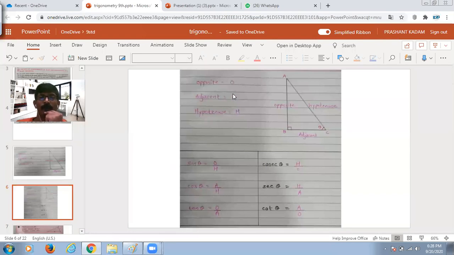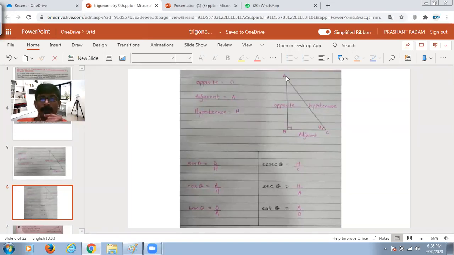Now, see, the abbreviation for opposite is O, adjacent is A, and hypotenuse is H. I hope everyone knows by now what is opposite, adjacent, and hypotenuse. Some people call opposite perpendicular, adjacent base, and hypotenuse hypotenuse. Okay. So, what is the sine ratio? Sine ratio is nothing but O, that is opposite upon hypotenuse.